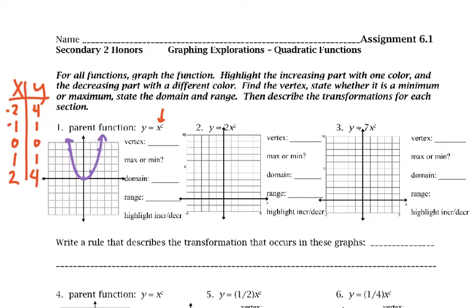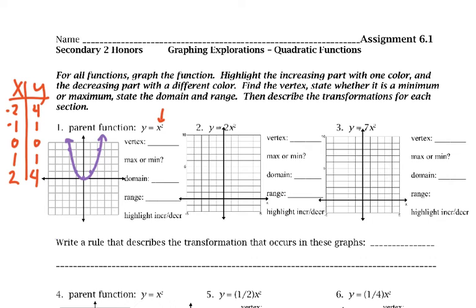They might be scooted over to the left or the right with a shift, or they might be reflected like that. They might be really tall and thin like this, or they might be really short and wide like that. But they're all parabolas, and what we're going to learn in this one is how numbers affect our graphs.